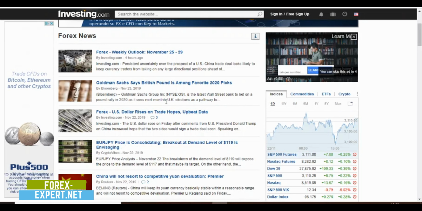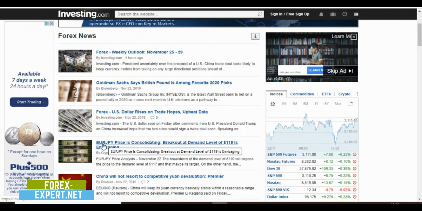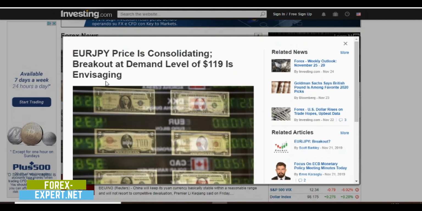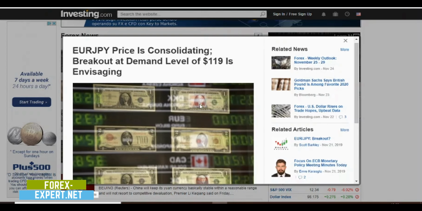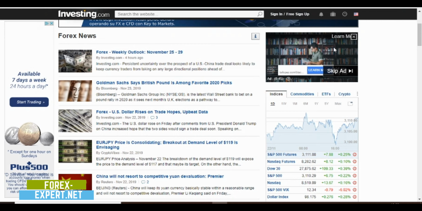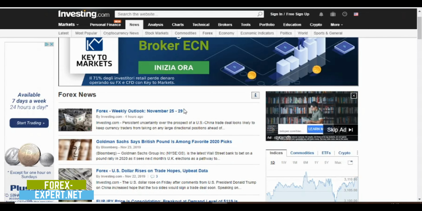You're going to find interesting news. For example, this one, Euro and Japanese yen price is consolidating. Every morning, once you wake up, you check out the news and take your decisions.